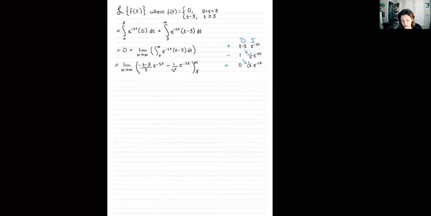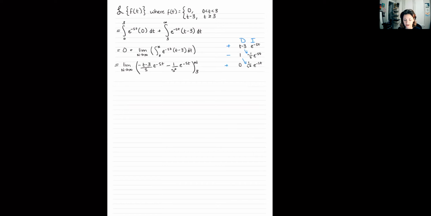We've got our derivative of t minus 3 is 1, and then our second derivative is 0. And then our integral of e to the negative st you can see below as well. And so we're going to start plugging those in. Our very first integral is just going to equal 0, since that's what our function is, so we don't have to worry about that one. But now we have to look at the limit as n approaches infinity of this second integral.